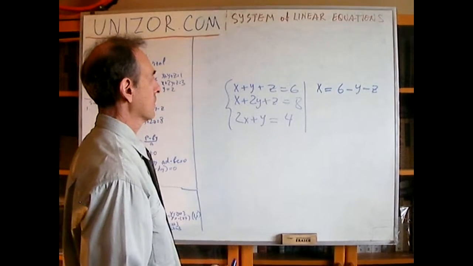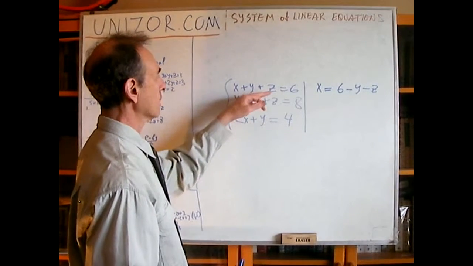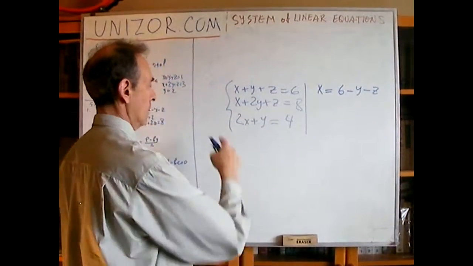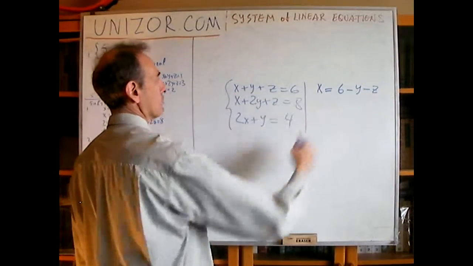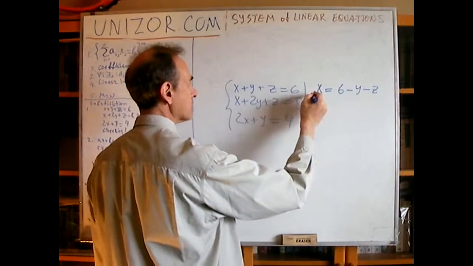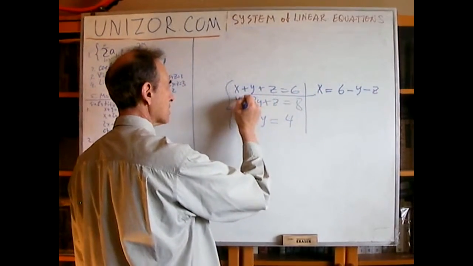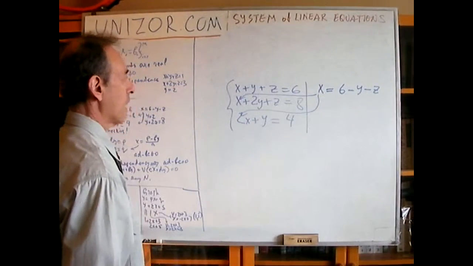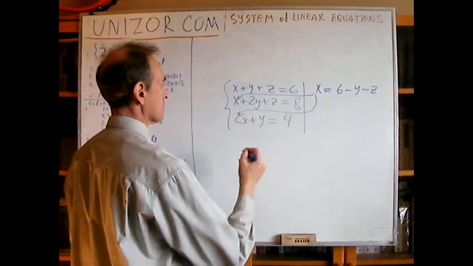Right? So, by adding minus y and minus z to both parts, left and right, we get this. On the left we will have only x, on the right we will have this. And now we can substitute it instead of x to here and to here.